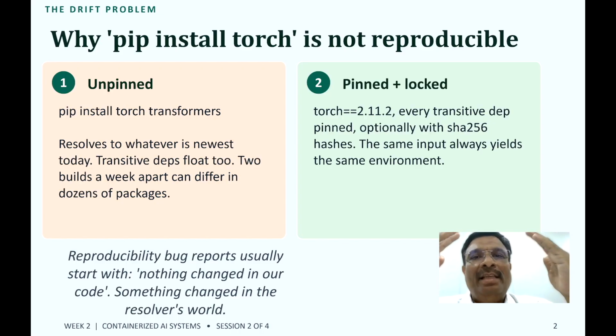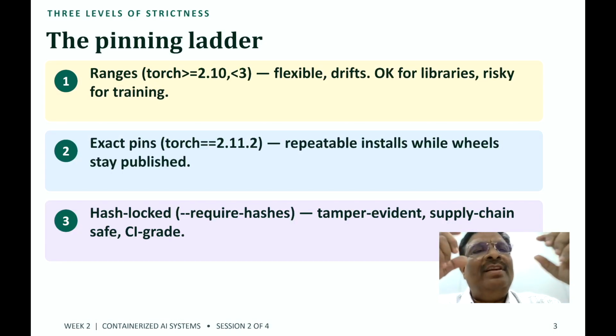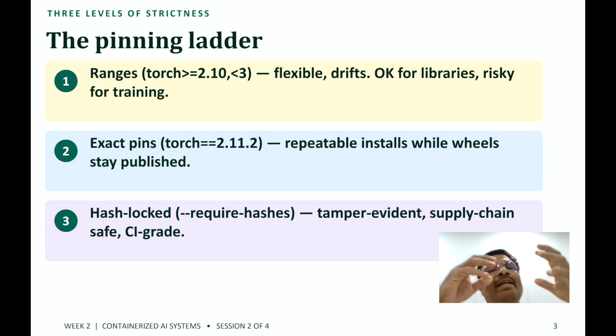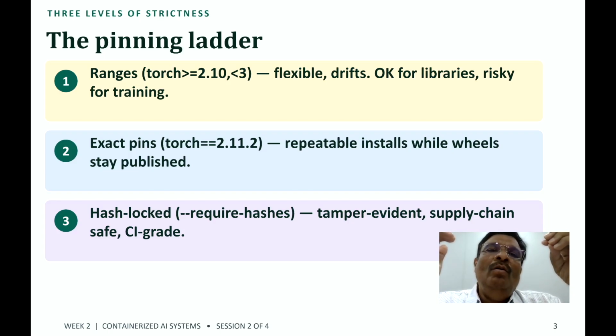The drift problem basically says that we need a reproducible environment so that everybody can use the same type of environment when they use the application. So there are three layers of strictness, and that is called the pinning ladder. First, we talk about ranges, where we tell torch should be greater than or equal to 2.10 and less than 3.